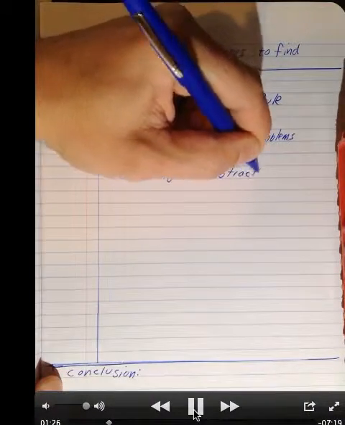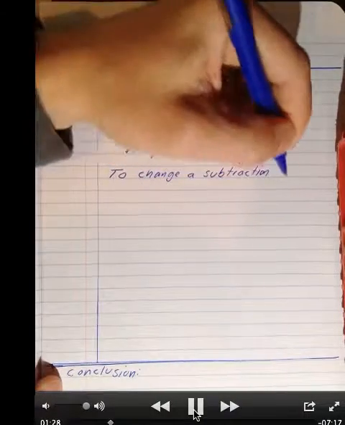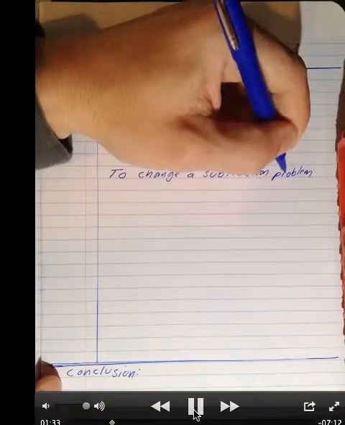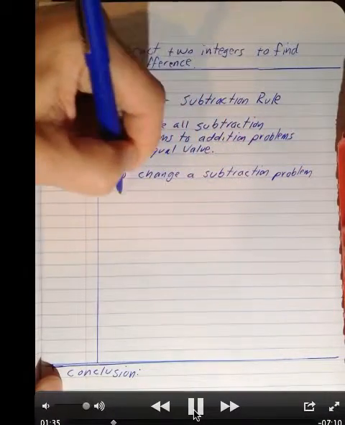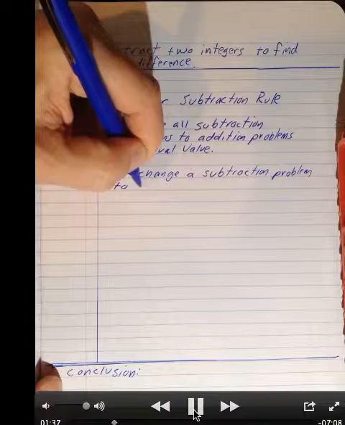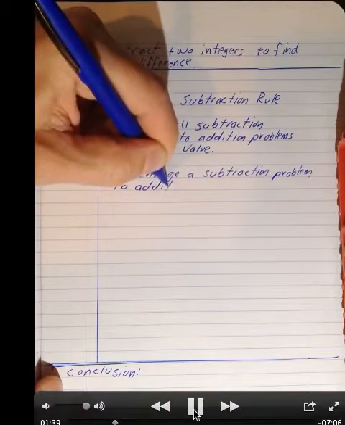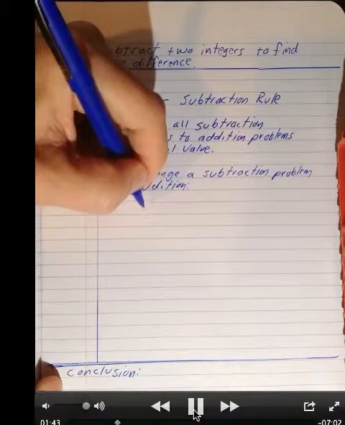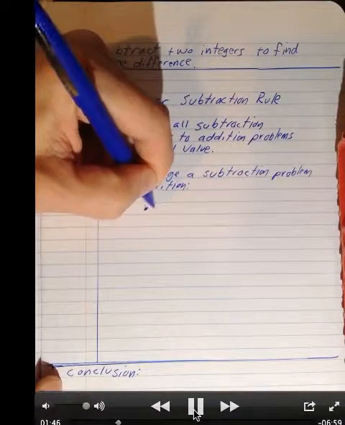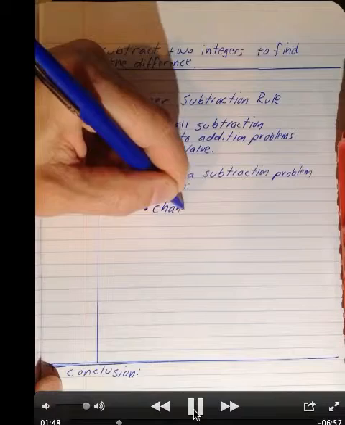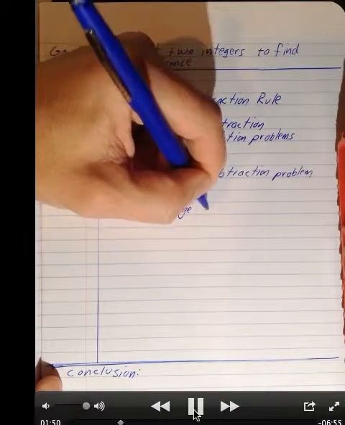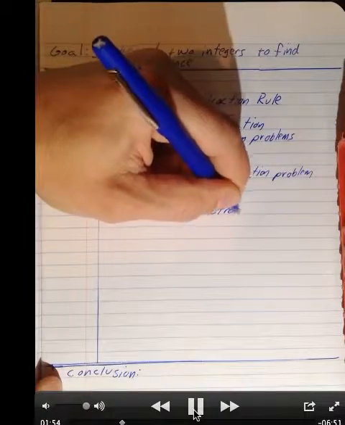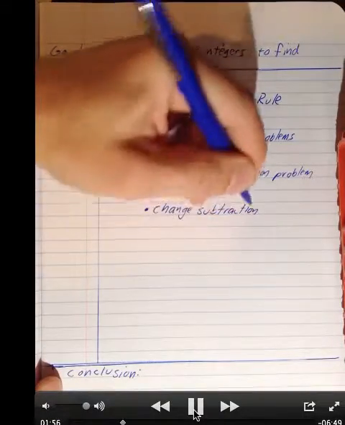So to change a subtraction problem to an addition problem, you change subtraction to addition and you change the sign of the number being added. So if you're subtracting a negative number, then you add a positive number. So it has two parts.